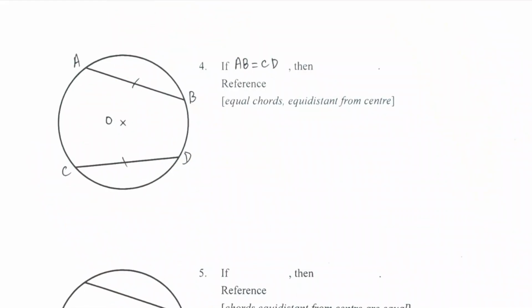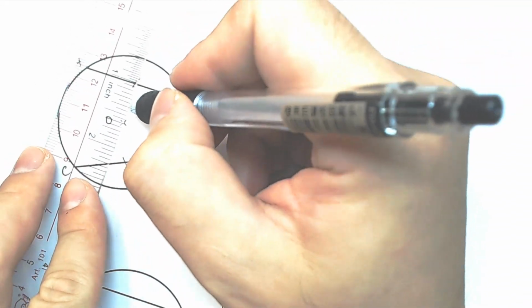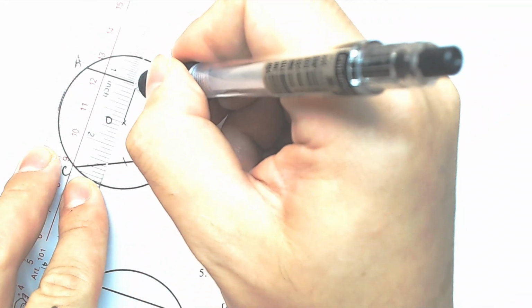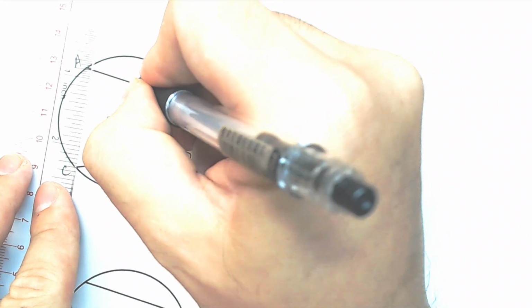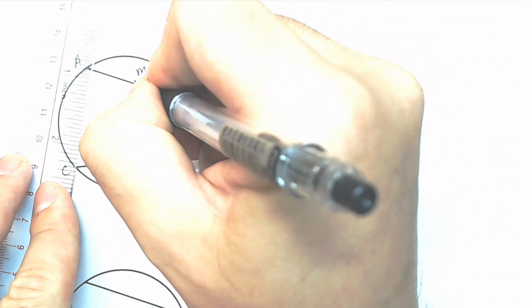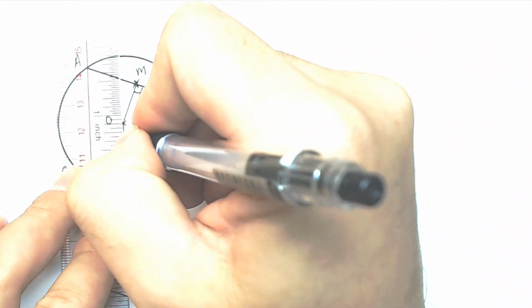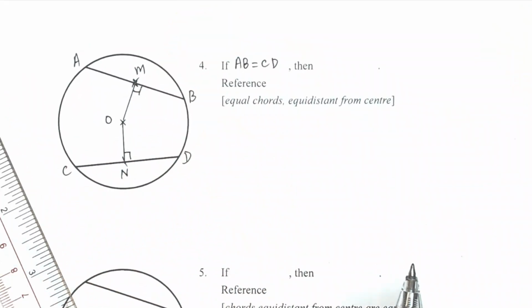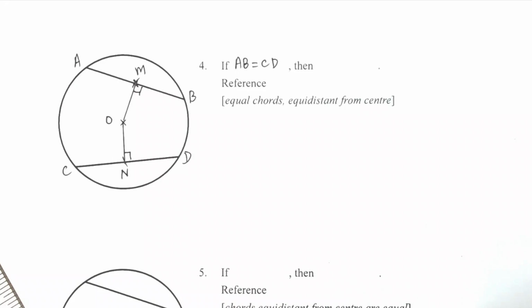And thus, when we draw a line from O to AB and I mark it as M, perpendicular, and also if I draw a perpendicular line ON, which is perpendicular to CD, then these two line segments OM and ON are of the same length.